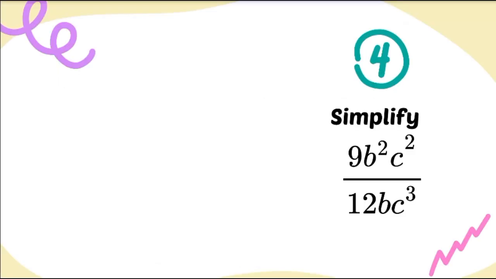Simplify 9b square c square divided by 12b times c times c. All right, so let's look at this. You have to expand. Expansion means that you do this: 9 times b square is b times b, and c square is definitely c times c.